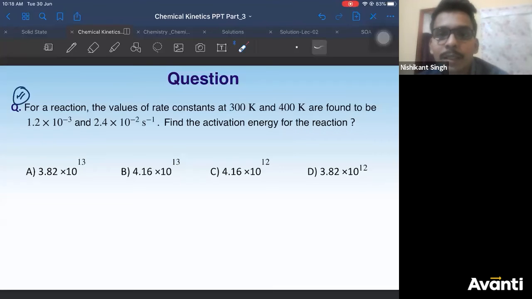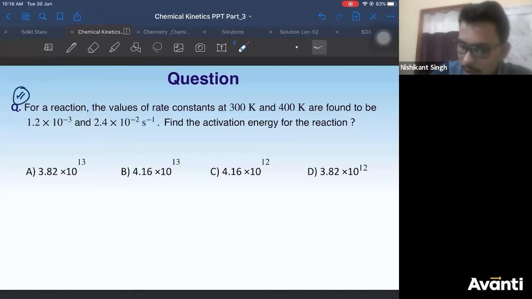All right, so we'll end this on a count of 3, 2, 1. Now we are ending it. So right, it's a direct one. K1, K2 is given.